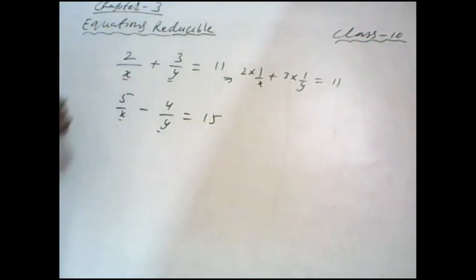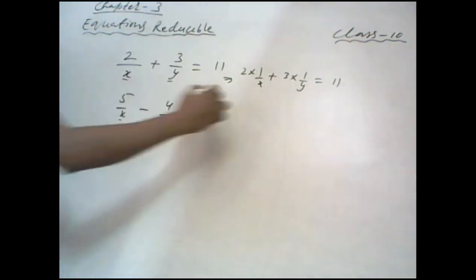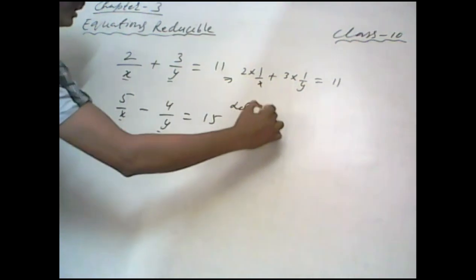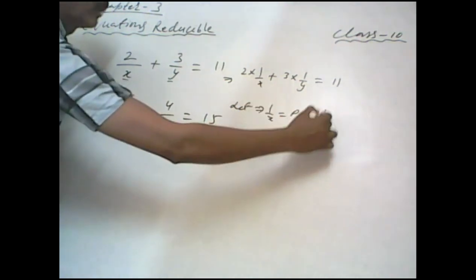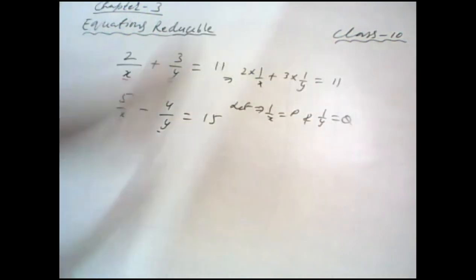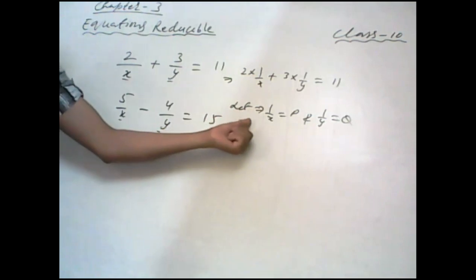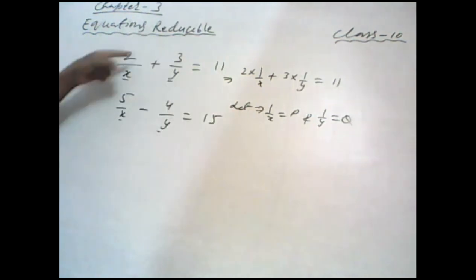Now, students, here we let 1 upon x be equal to p, and 1 upon y be equal to q. Right? So by taking this substitution, we reduce these equations to a pair of linear equations.